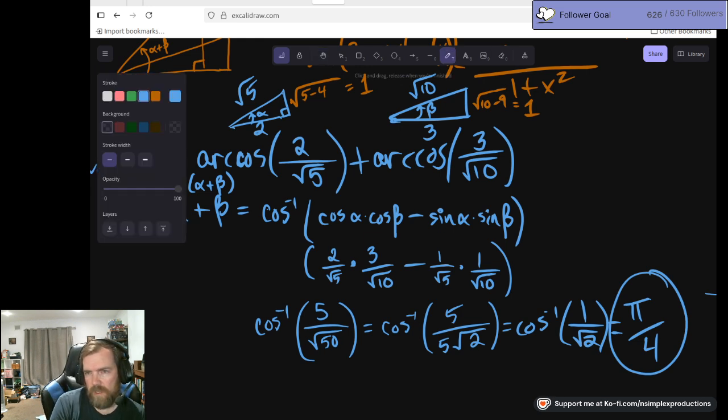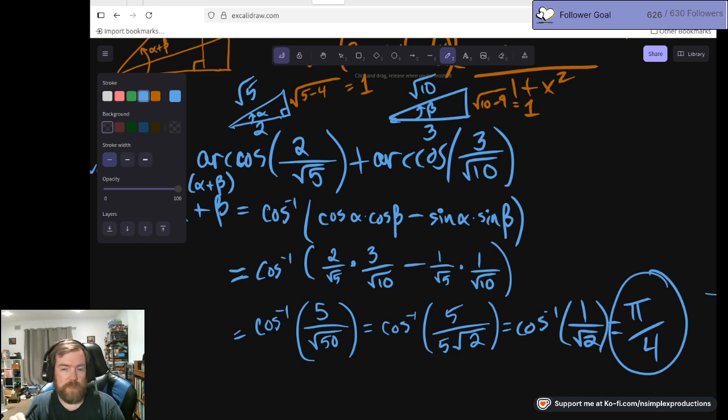Right, so that actually does belong here as well. Okay, so then we get the inverse cosine of cosine alpha we already had, that was 2 over root 5. Cosine beta we already had, that was 3 over root 10. Minus sines of each one.